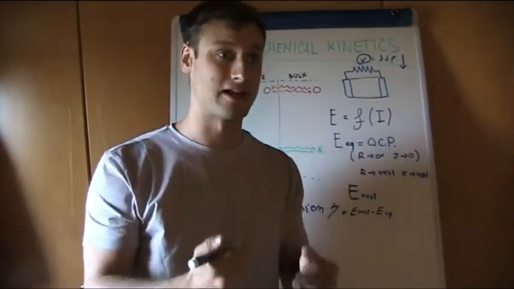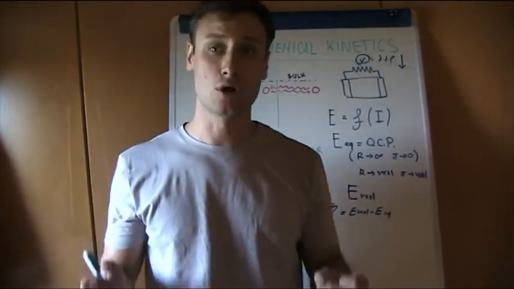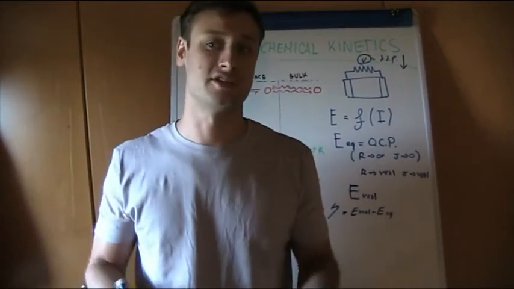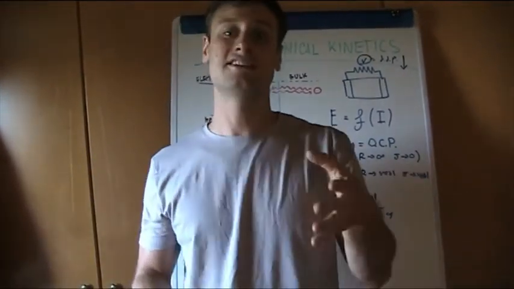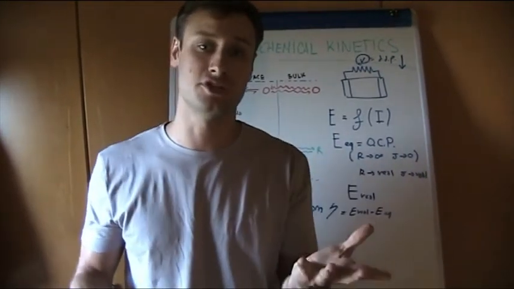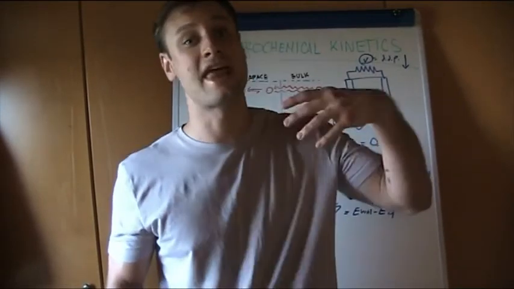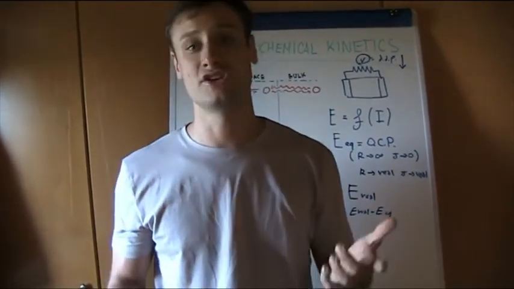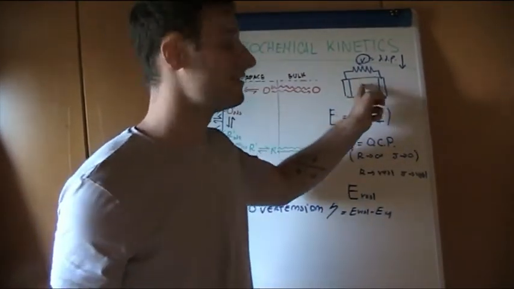So a real battery works with an output voltage that is always smaller than the theoretical one, because the theoretical one is based on an assumption, the open circuit condition. But we know that working in open circuit condition is only an imaginary situation, because in reality we always have a current. And this is for the galvanic cell.